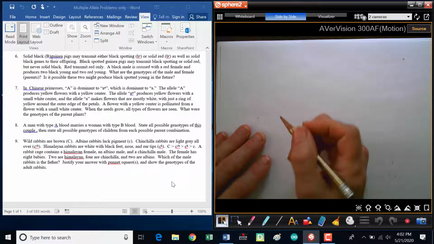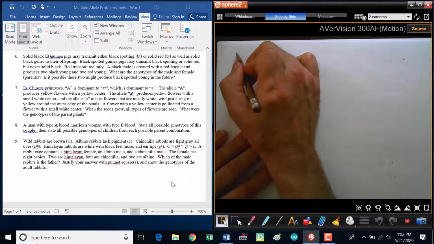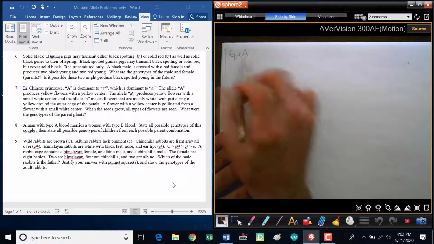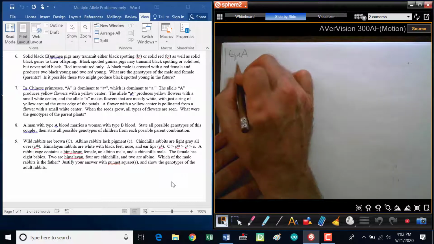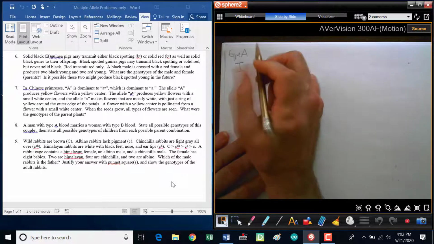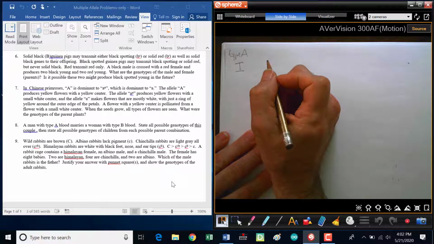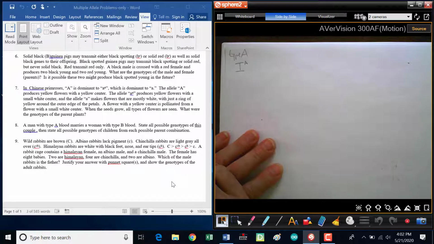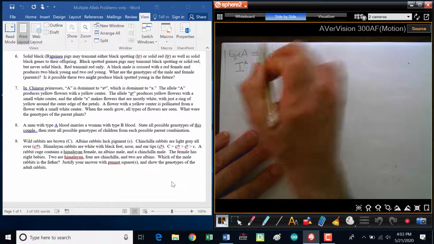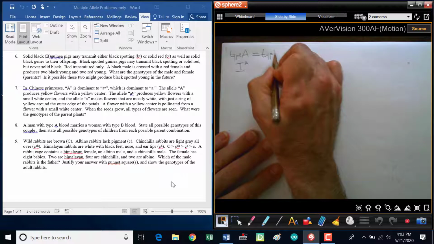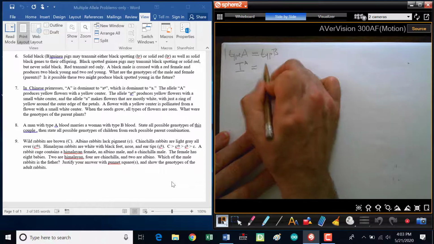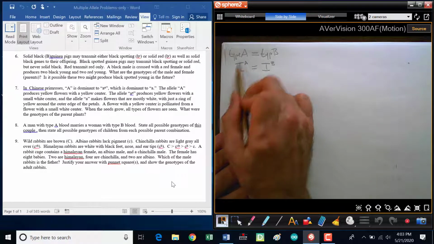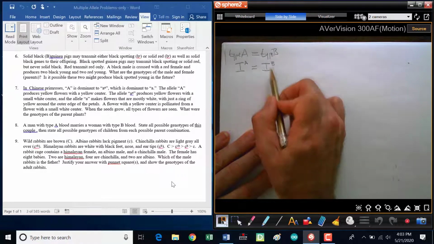As it turns out, in human beings, type A blood, which is a phenotype, is due to an allele that is codominant. I'm going to write it as IA. It is a codominant allele with the type B allele. The type B allele we will write as IB. So type A blood comes from this allele, and type B blood comes from this allele.